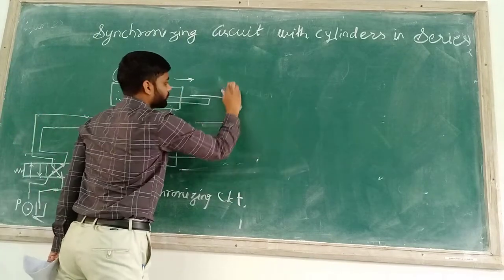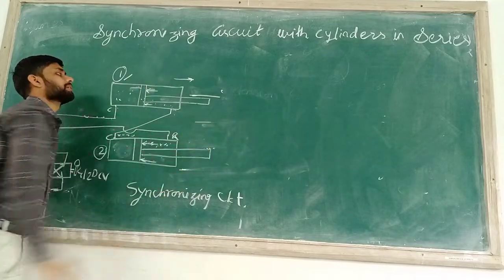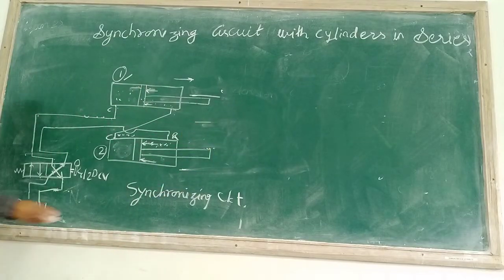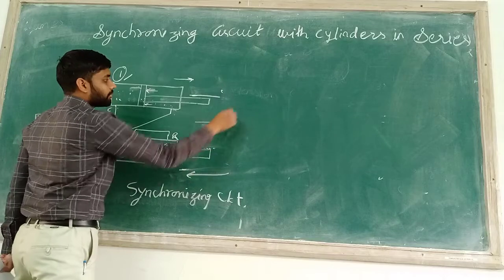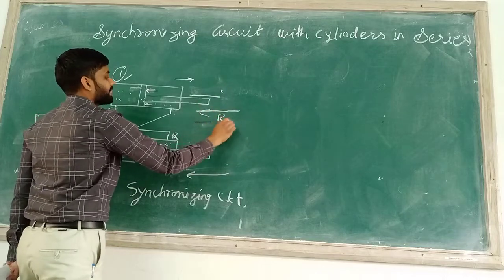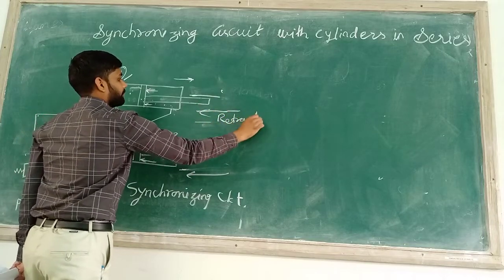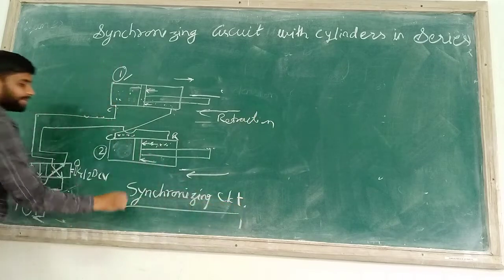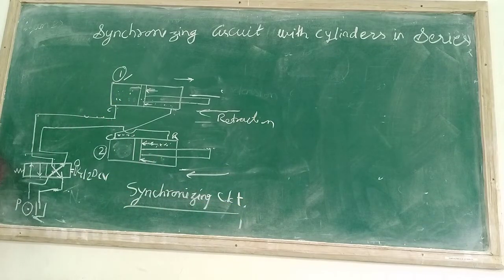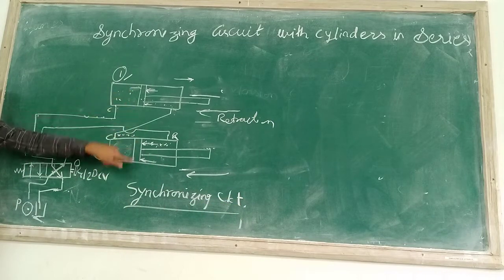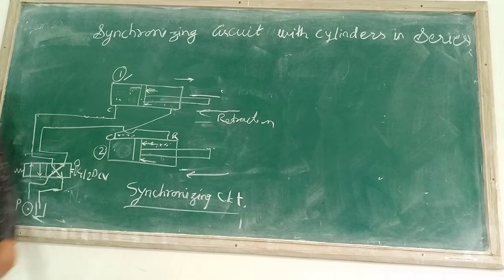When you change the position of this direction control valve, retraction of both cylinders starts at the same time. That's why we name it a synchronizing circuit, because whatever operation starts, they perform at the same time.